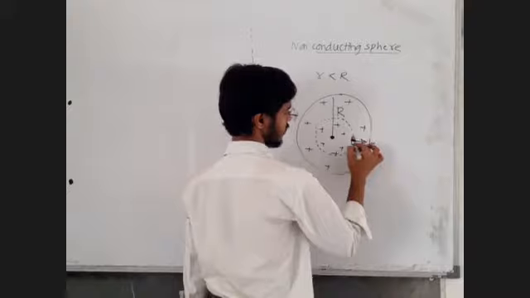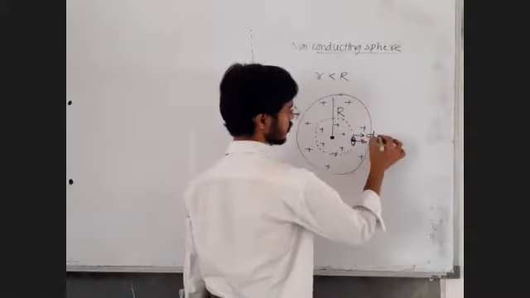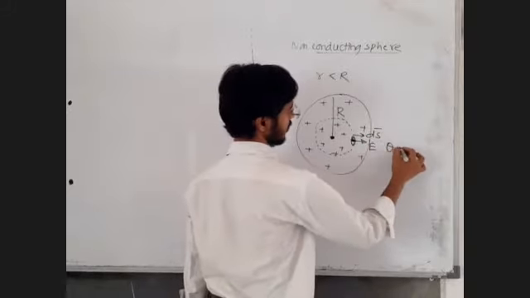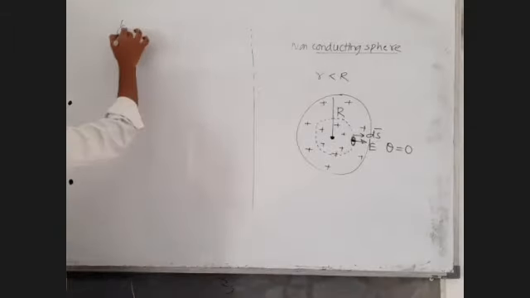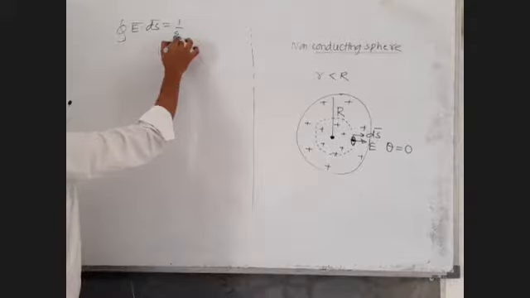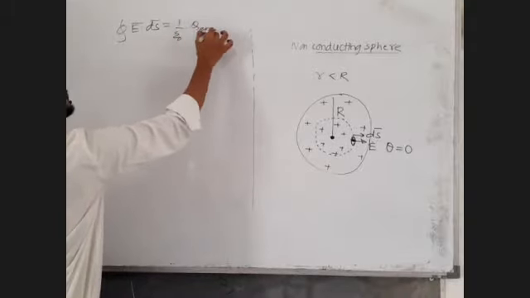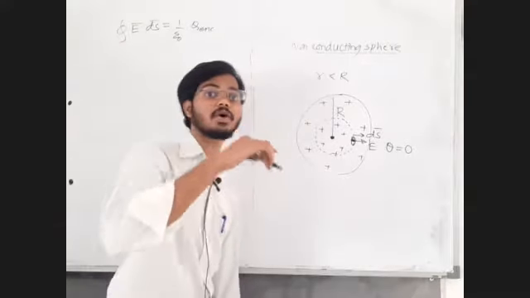You may imagine the area vector is also in the direction of the electric field. So the angle between them is equal to 0. Fine. Now the Gauss theorem: closed integral E bar dot ds bar is equal to 1 upon epsilon 0 times the charge enclosed inside the Gaussian surface.